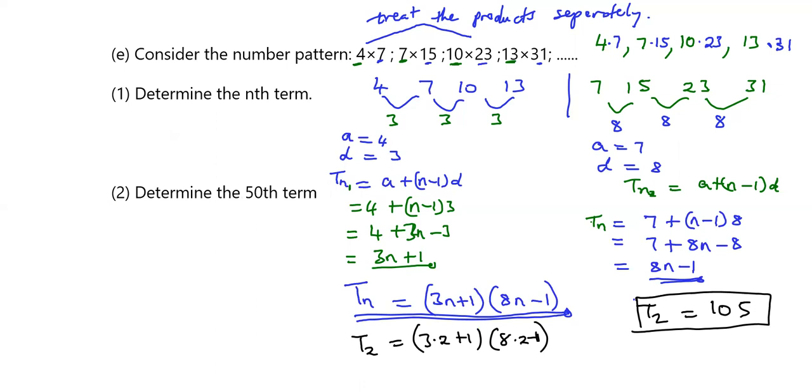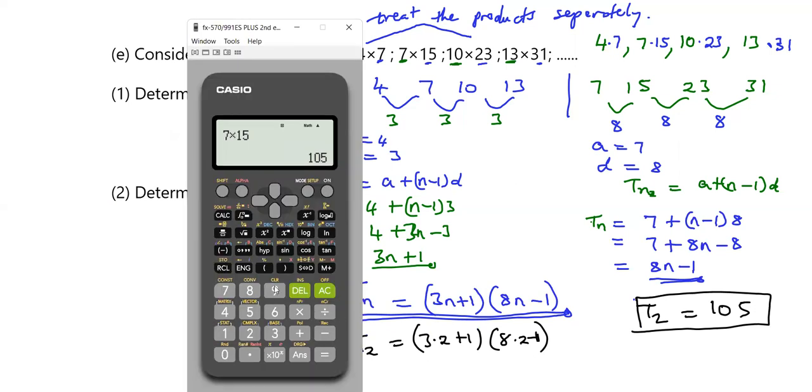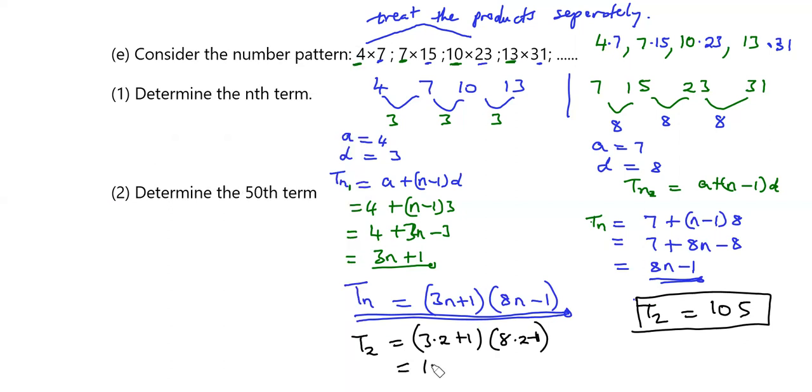Okay, let's see what we get here. If we say first bracket 3 times 2 plus 1, open another bracket, 8 times 2 minus 1, close the bracket. Can you see what we get? We get 105. We get the same answer.